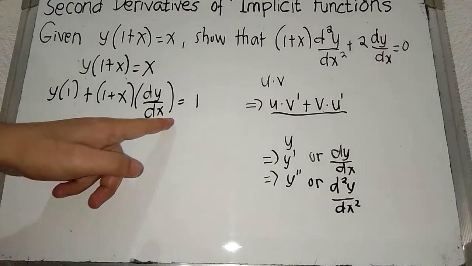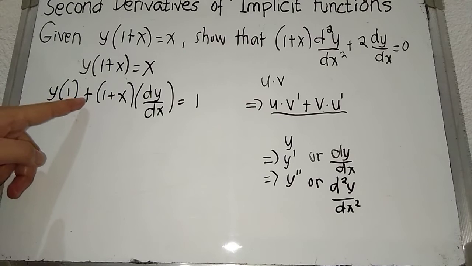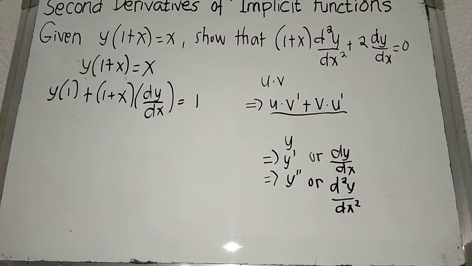As you look at the left side, this is following this formula: u v prime plus v times u prime.